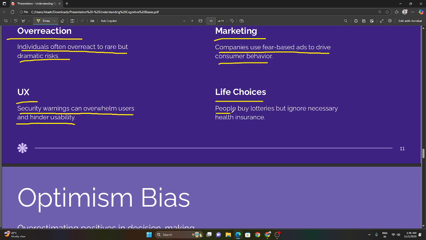Life choices: people buy lotteries but ignore necessary health insurance. Fear based ads exploit these biases. Security warnings overshadow usability, even if risk is tiny. We buy lottery tickets but skip health insurance.